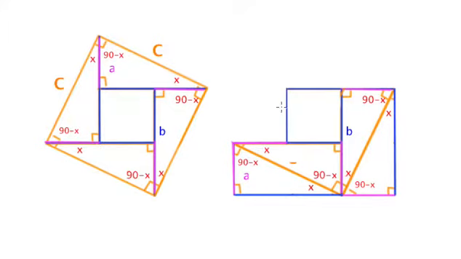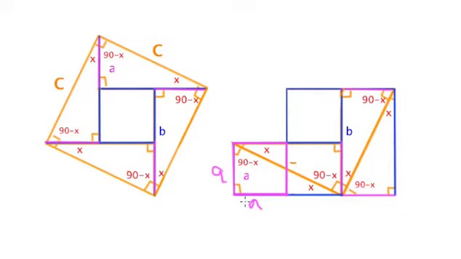So we know that this is A. So that means if we draw a line straight down here, that would also be A because it would be congruent to this line segment, which we know is A. And that would give us a square right here that is all A. So we have right now, this is A, and this is A.